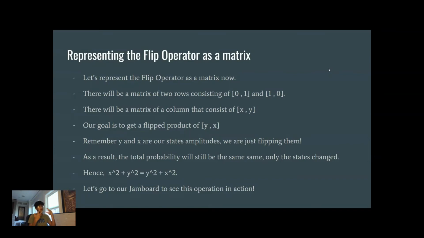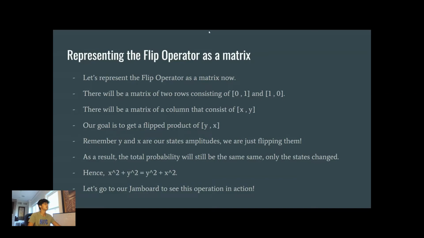And our goal is to get a flip product of y and x. So instead of going from x and y, I would go to y and x, right? Remember, y and x are our states' amplitudes, and we're just flipping them. So as a result, the total probability will still be the same. It's still going to be constant, right? So x squared plus y squared would still be equal to y squared plus x squared, right?